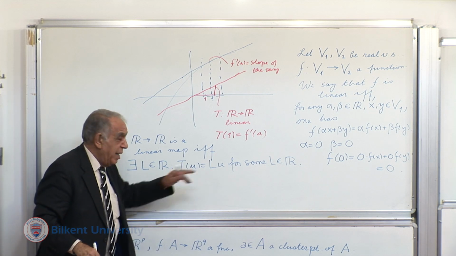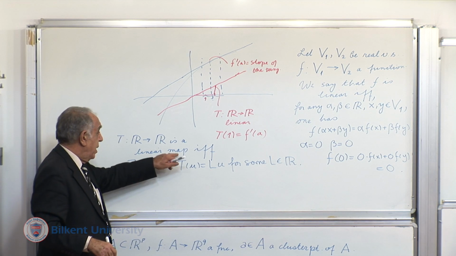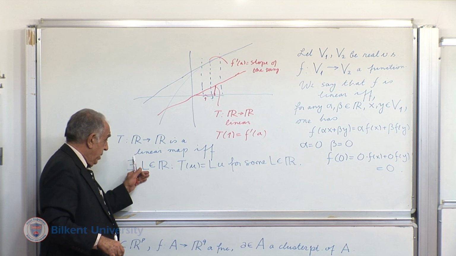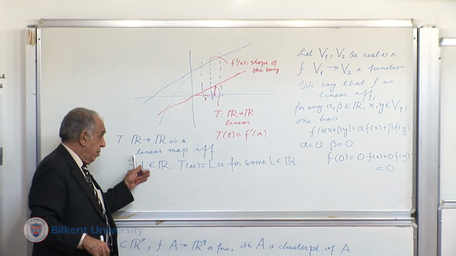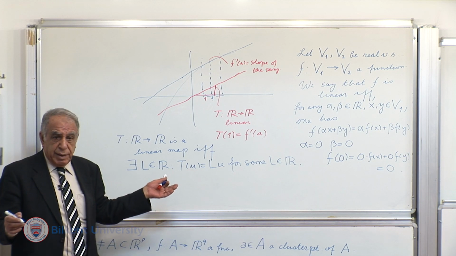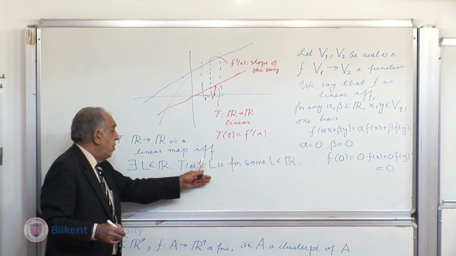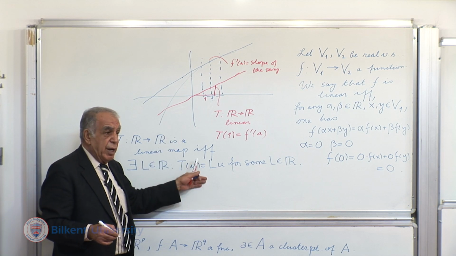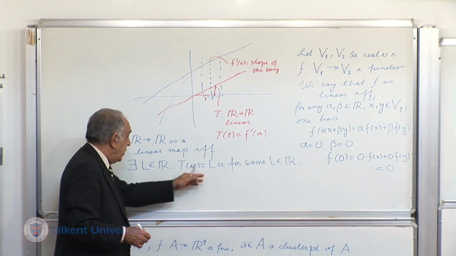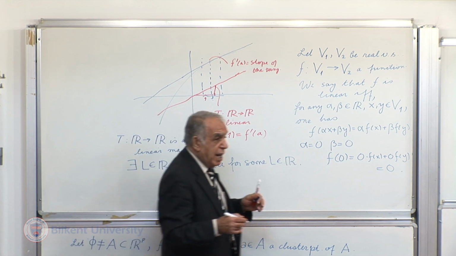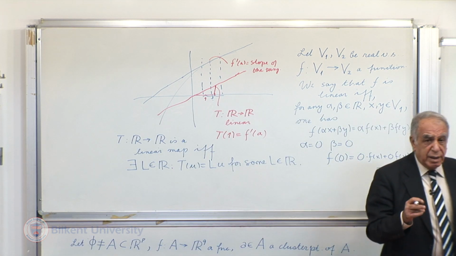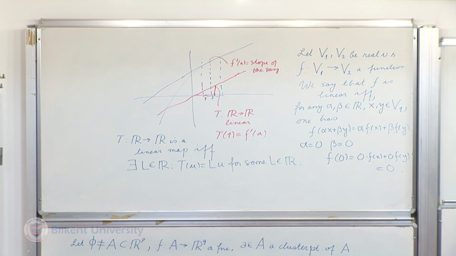And in fact, this L, given a linear map, this talks of the existence, but it will be uniquely determined. And each such function is a linear map. So these functions for each L actually give the totality, the entirety of all linear maps from R to R.